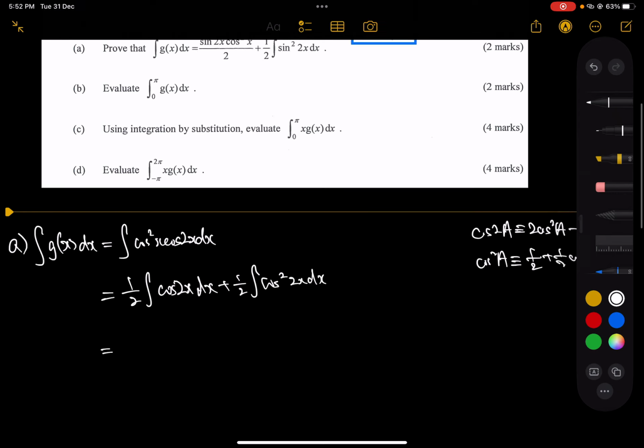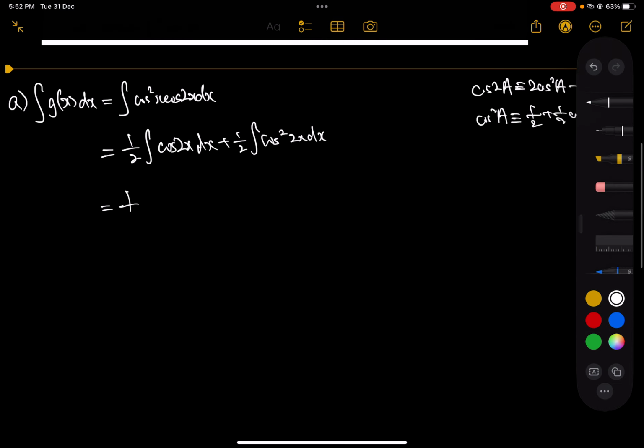And then here, obviously, we could have 1 over 4 sine 2x plus, here we do by parts, x, so this should be a 1 over 4. That's a 1 over 4, that's also a 4.